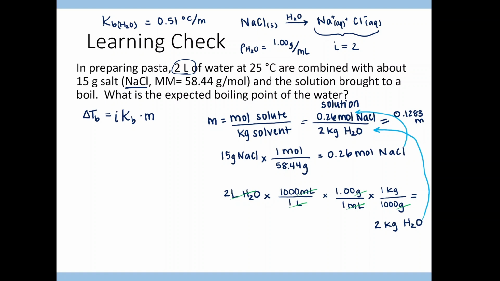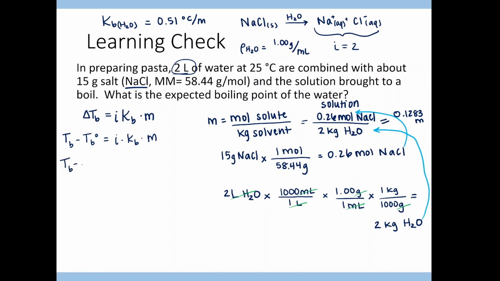Alright, so we've calculated molality, we have Van't Hoff factor, we have Kb, we need to find this delta T. Now also remember for delta T, going back to that original equation, this is boiling point of the solution minus boiling point of the pure solvent, equals i Kb times m.